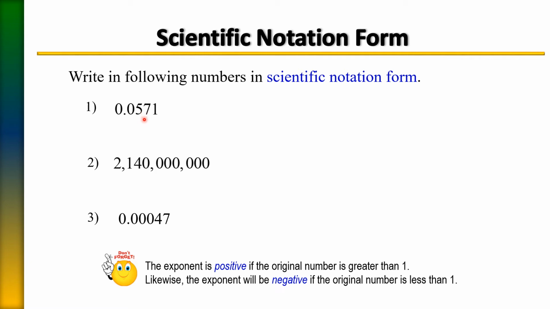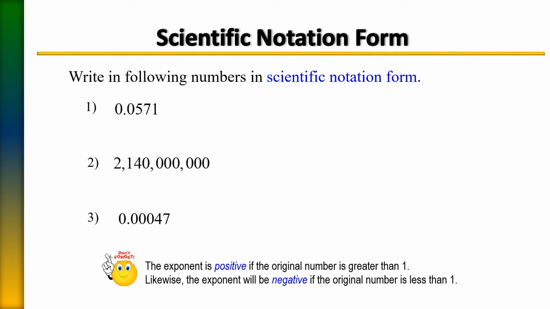You cannot move over one more because that would be 57, and that's a number that's bigger than 10. You cannot move over to 571. That's too large as well. It has to be a number between 1 and less than 10. So that would be where the decimal would be between the 5 and the 7.